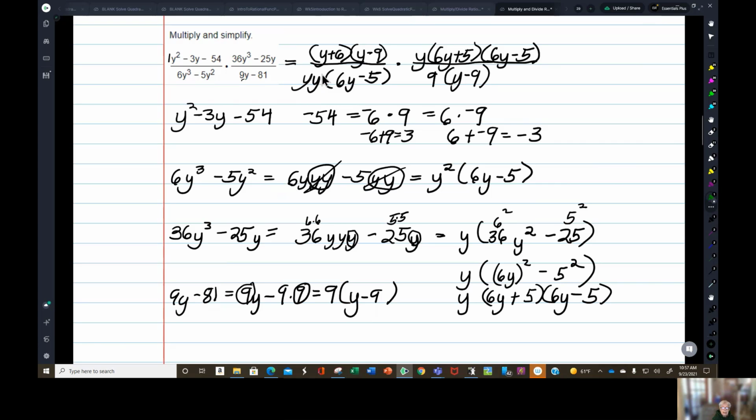This y and that y will cancel. 6y minus 5 will cancel with 6y minus 5. And y minus 9 will cancel with y minus 9.